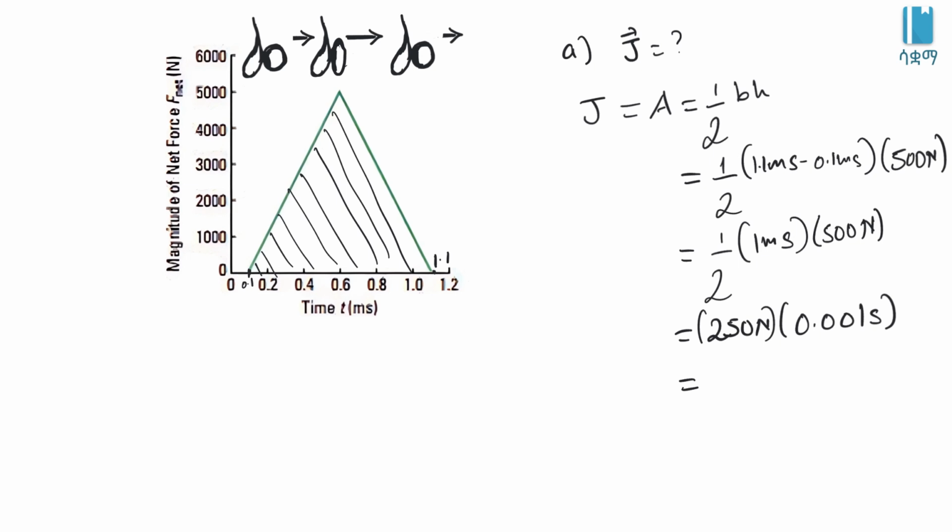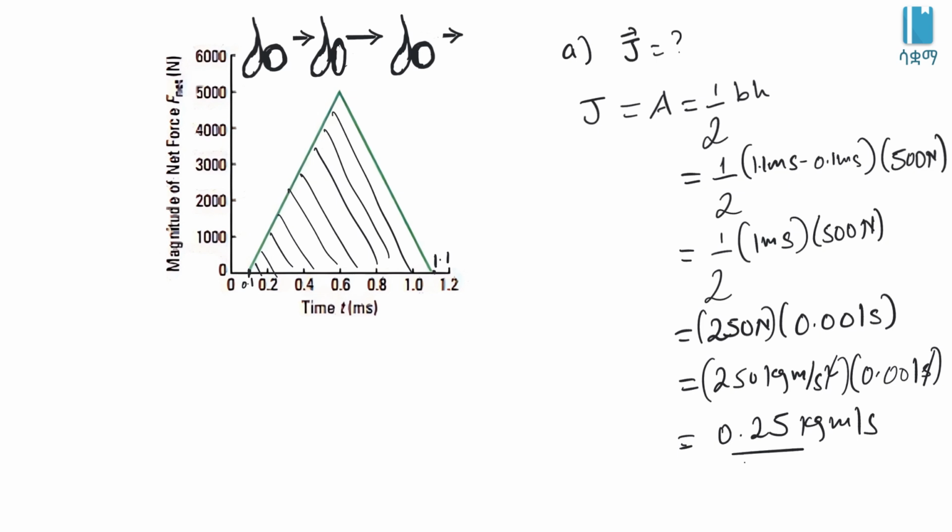So 250 kg meter per second squared times 0.001 second. Here one second cancels with the second, and what you get is 0.25 kilogram meter per second. So this would be the impulse imparted to the ball.